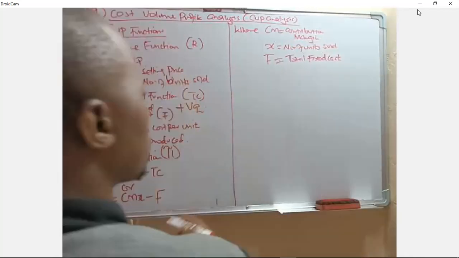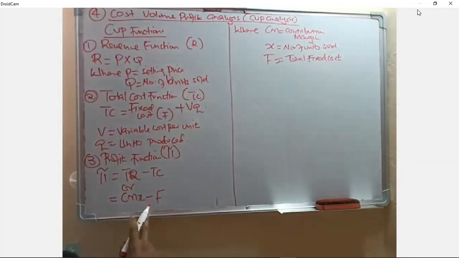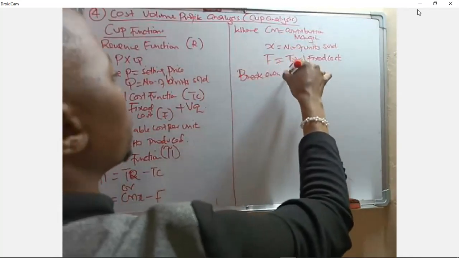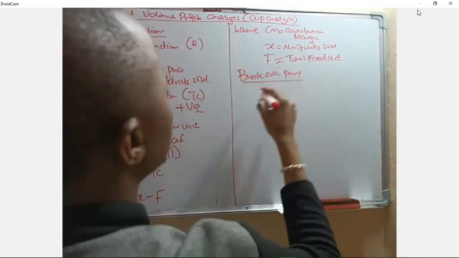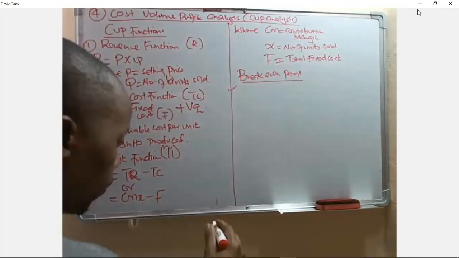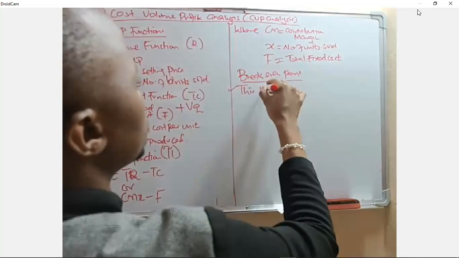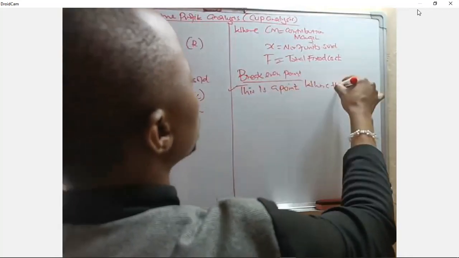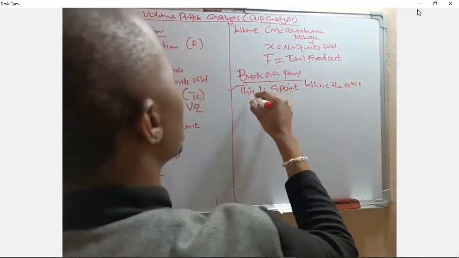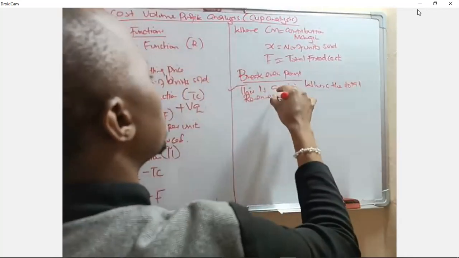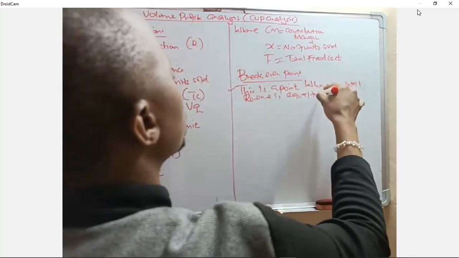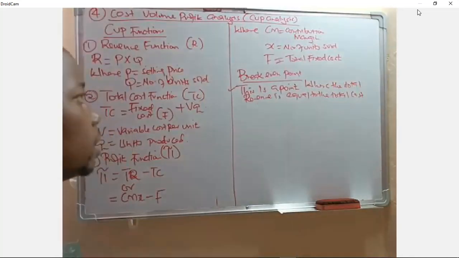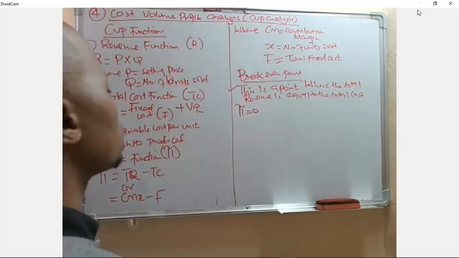Now, you have to look at one concept here, the break-even point. A break-even is a point where the total revenue is equal to the total cost. It means our profit is equivalent to 0.